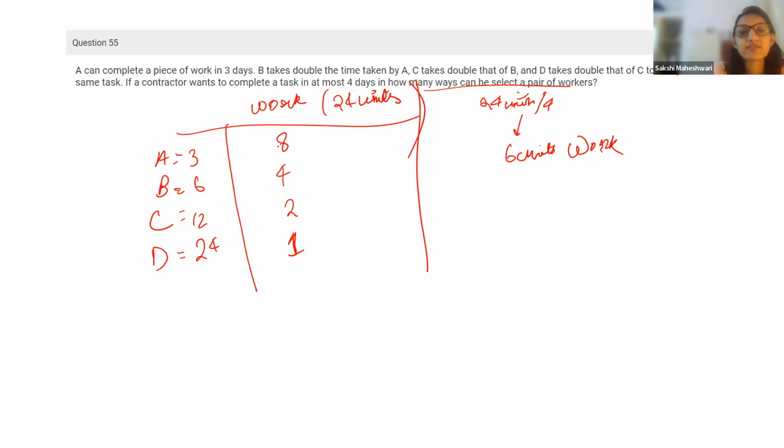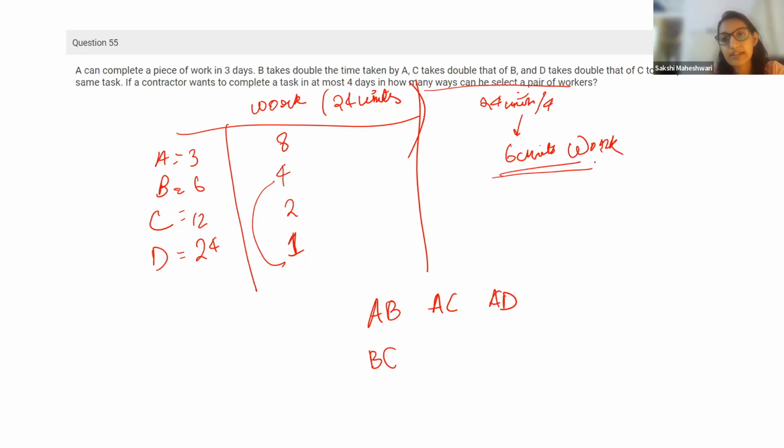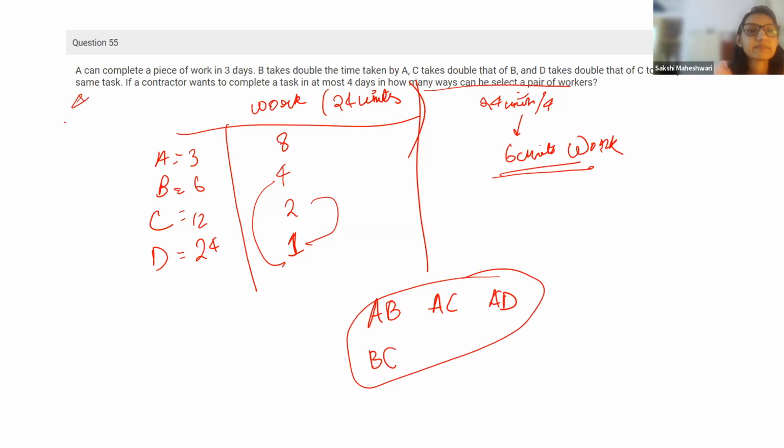See, A is already 8, so A can be selected with anyone: AB, AC, AD. Now B completes 4 units in a day, so if I select BC, 6 units will be done. If I select BD, it would be only 5 units a day. But I need 6 units, right? So BD can't be there and also CD can't be there. You're getting my point? So I got 4 ways of selecting my pairs.